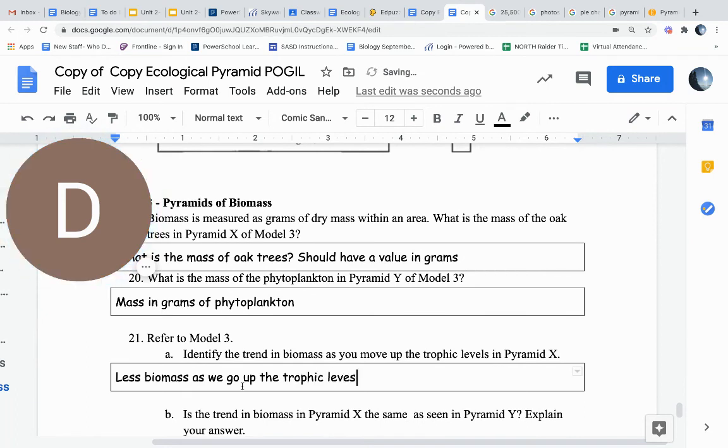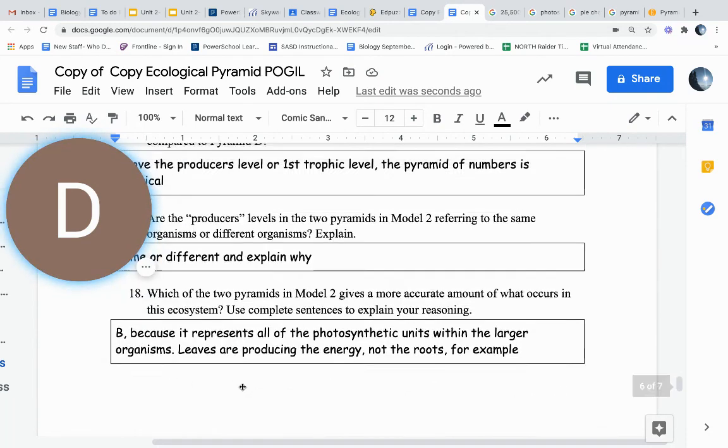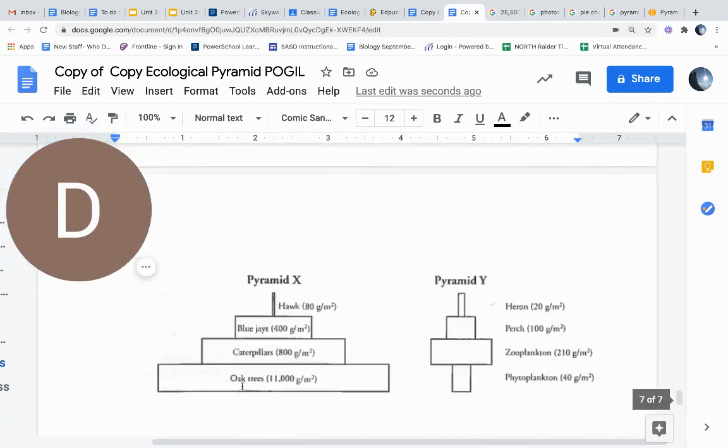So why do we think that is? One explanation could be that there's less energy as we move up. So less energy can support less living material and fewer organisms, like in a pyramid of numbers.